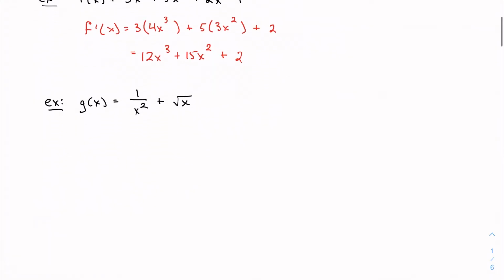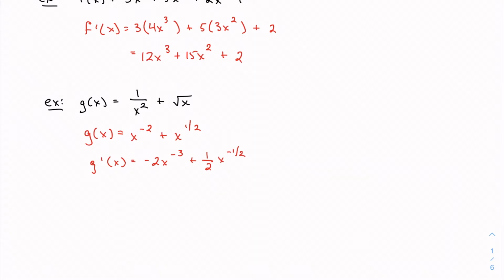And we can do the same thing with terms that don't look like powers because we know how to rewrite these as powers. So g of x is really just x to the negative 2 plus x to the 1/2. Now I have exponents, so now I can apply my power rule. Bring the power down, lower the power by 1. Bring the power down, lower the power by 1.